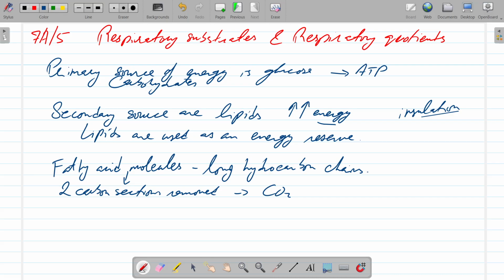The 2 carbon sections are removed and form, just to go back on that, acetyl coenzyme A, and that enters the Krebs cycle.